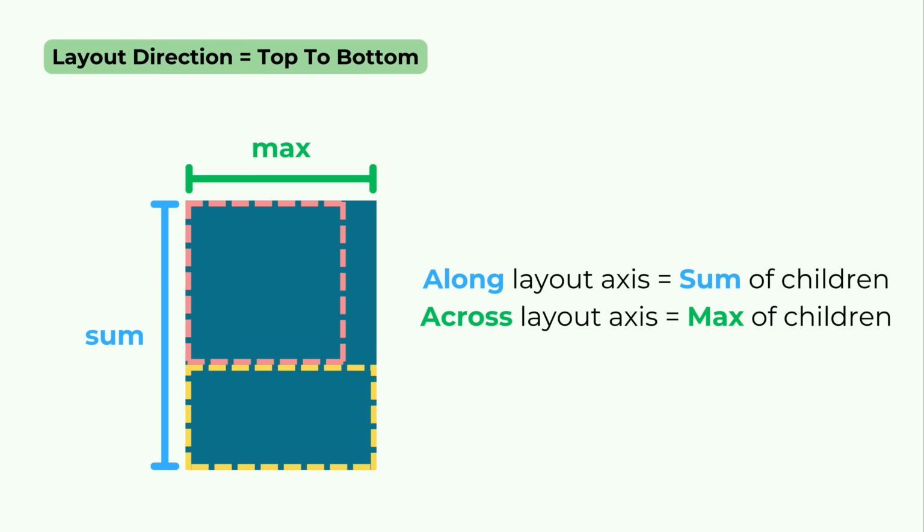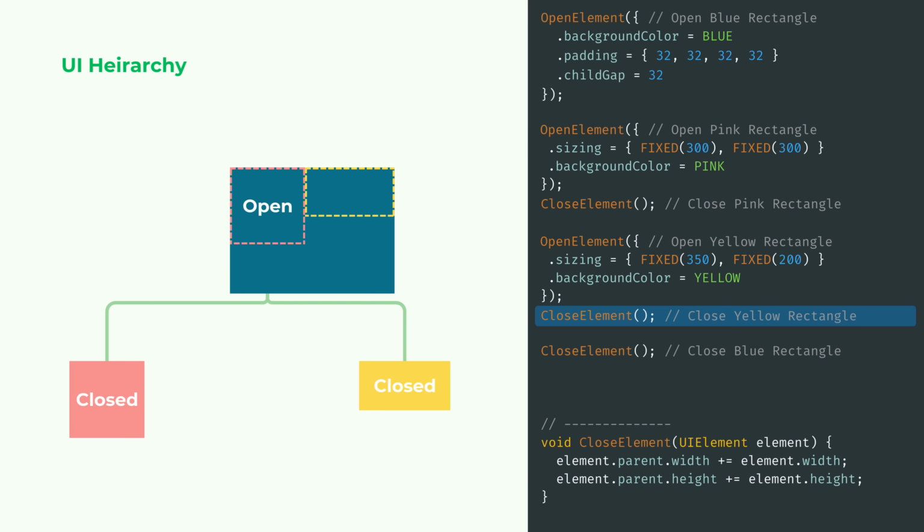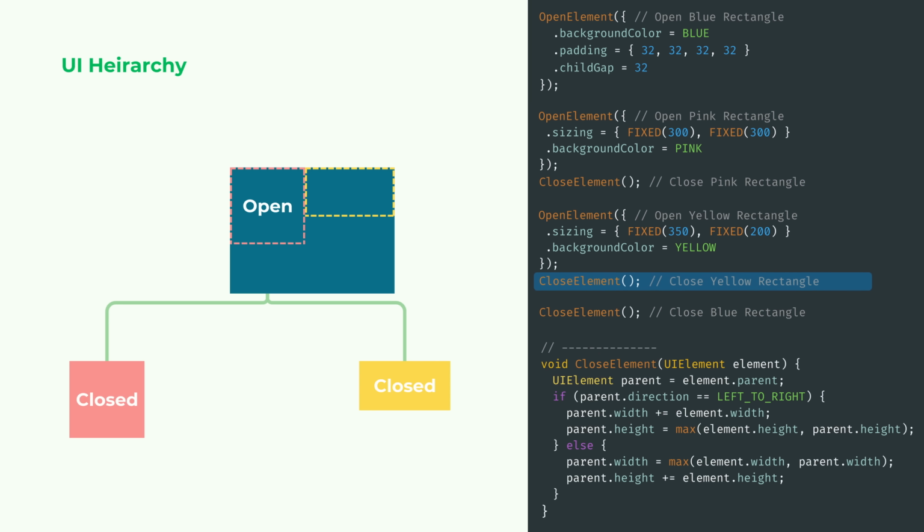We add up the sizes along the layout axis, which in this case is the heights, and we get the maximum of the sizes of the children across the layout axis, which in this case is the widths. So if we return to our layout algorithm, we can see how we need to change our size calculation in close element. Depending on the layout direction of the parent, we either add to the parent size, or we take the max of the parent size and the current element size.